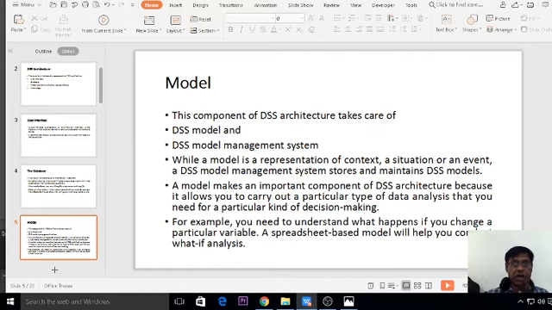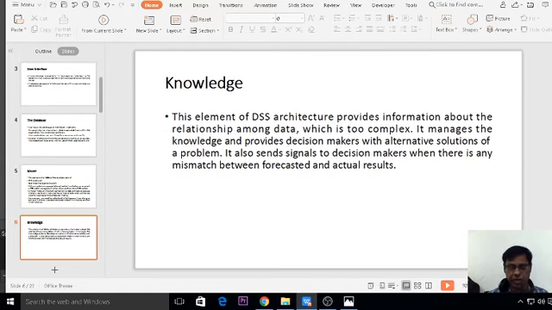That is what we do in DSS. If you change a variable, what are the different areas it influences, so that we know whether we are going to benefit or lose. A spreadsheet-based model will help you conduct what-if analysis. If we change a particular variable, what are the areas it is going to reflect? That is what the what-if analysis tells.